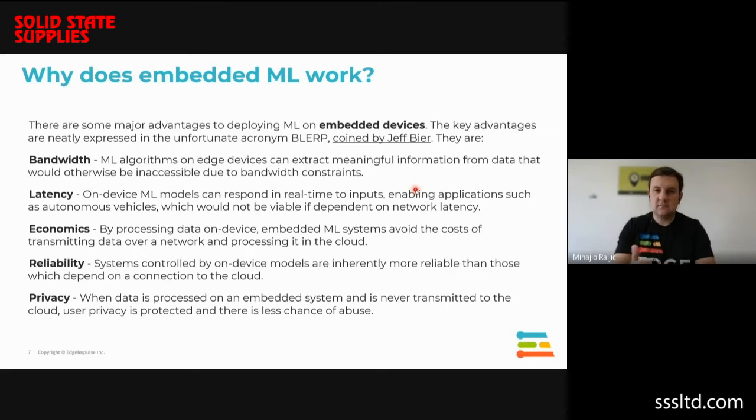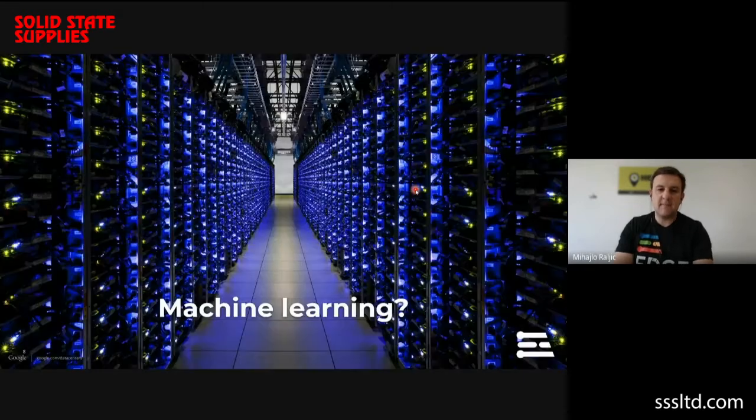Well, guess what? This is where microcontrollers and TinyML and embedded machine learning come into play. Usually when we speak about machine learning, and this is true for artificial general intelligence, especially for semantic understanding, you see images like this.